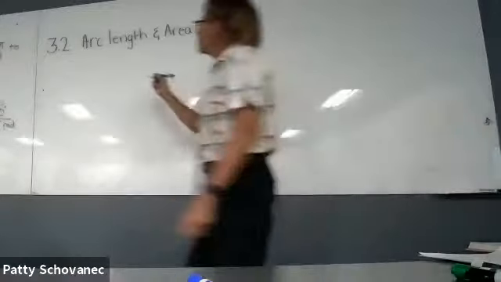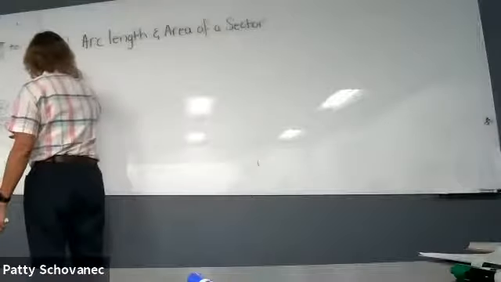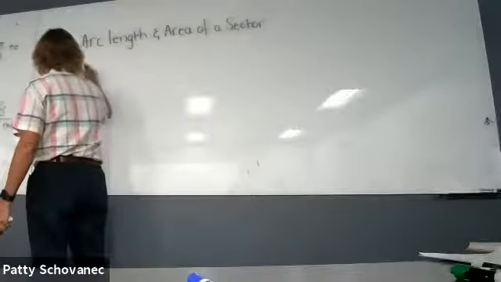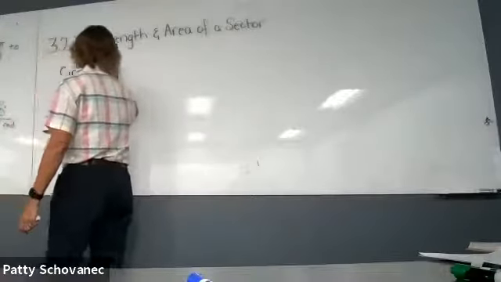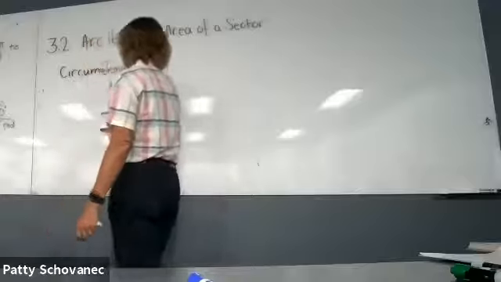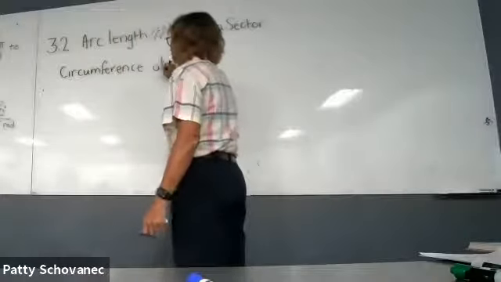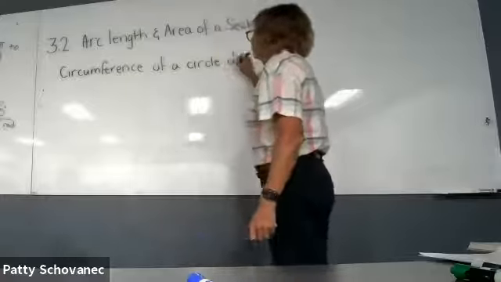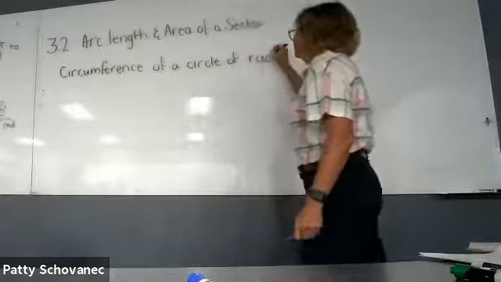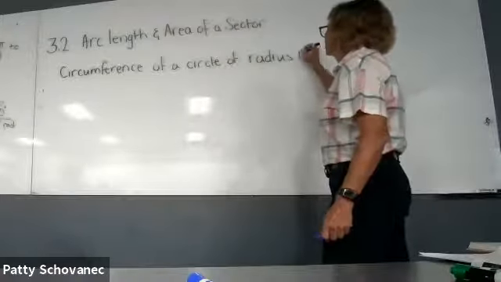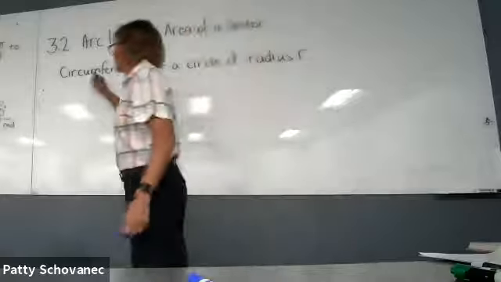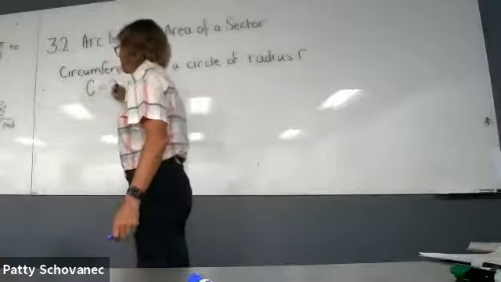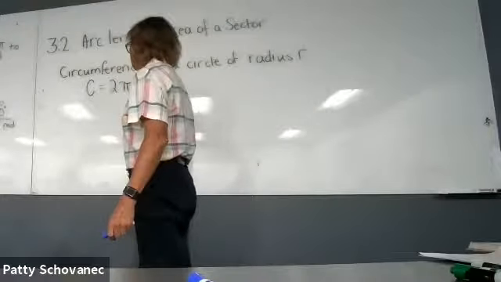Oh, so what you just told me was the circumference of a whole circle. Circumference. That's a tough one to spell. Of a circle of radius r is given by circumference is 2 pi times r.